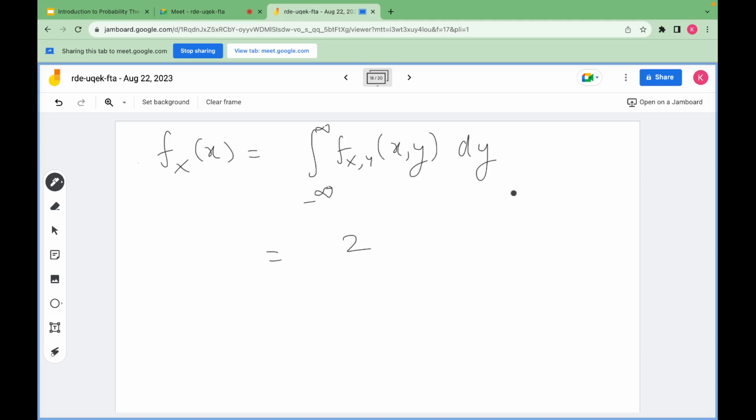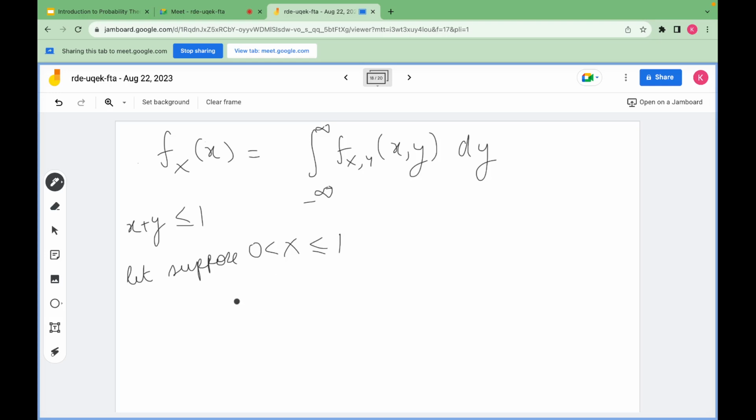If x plus y is less than 1, then this is equal to 2, right? So okay, let's suppose x varies from 0 to 1.